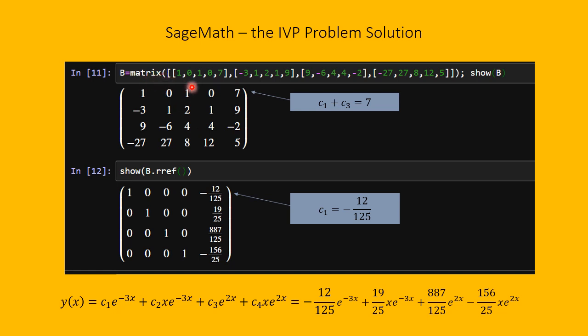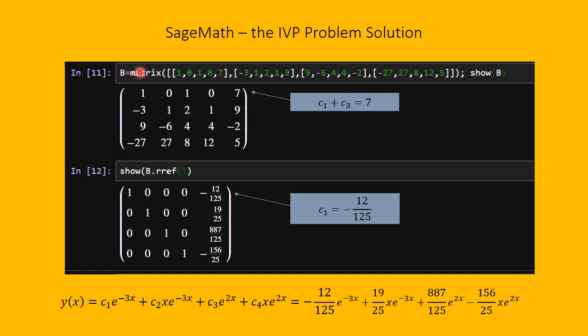C1 plus C sub 3 equals 7. Second equation, minus 3C1 plus C2 plus 2C3 plus C4 equals 9, and so on. Looking at this first row, that corresponded to 1C1 plus 1C3 equals 7. And we called this the matrix B in Sage Math.